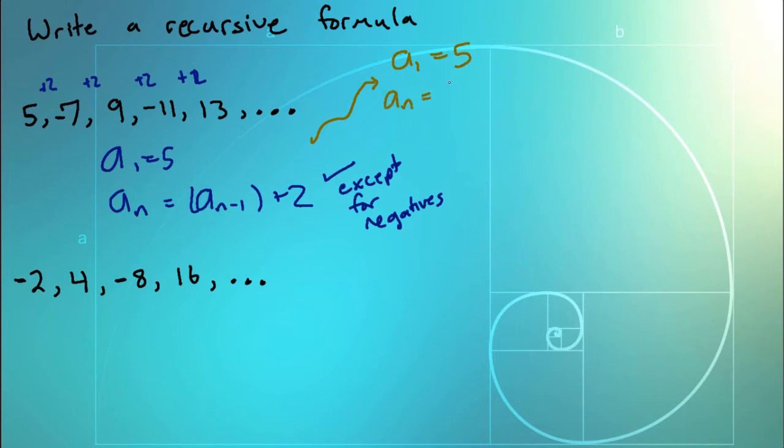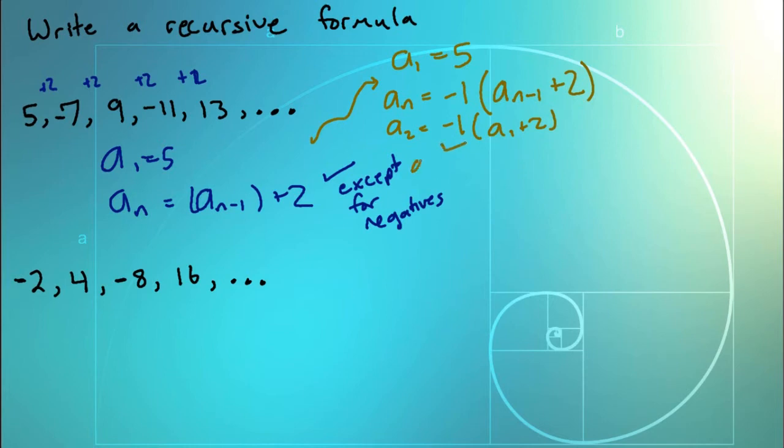So I'm going to do negative 1 times a sub n minus 1 plus 2. Let's see if we get that. If I wanted a2, that would be negative 1 times a1 plus 2. That would give me 7 times negative 1, which is negative 7. So that worked. We check out for that term.